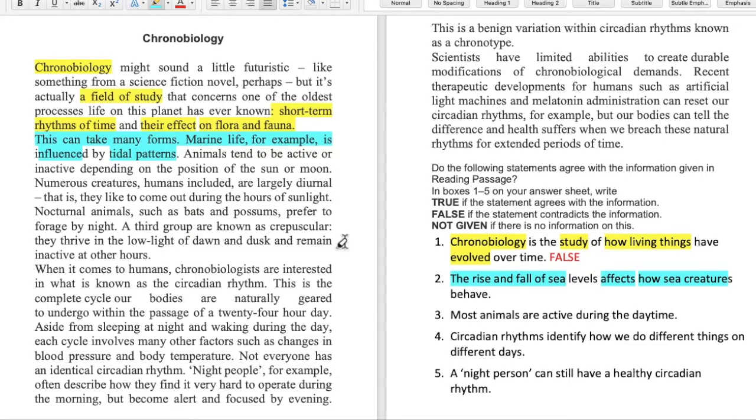So how is it going up and down? So I have got my statement. This can take many forms. Marine life is influenced by tidal patterns, and rise and fall of sea levels affects how sea creatures behave. This statement is nothing but the exact replica of the same. So I'm going to mark it as true.